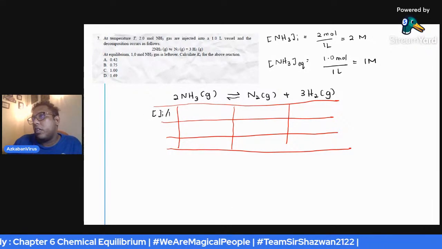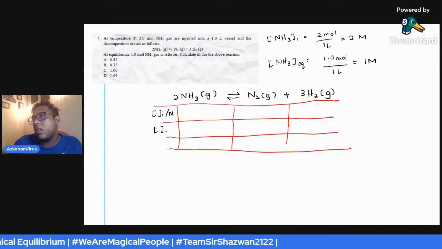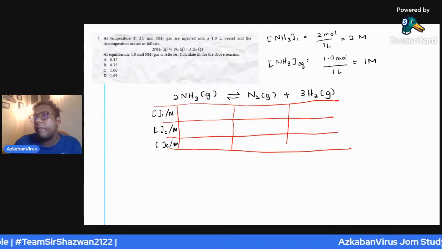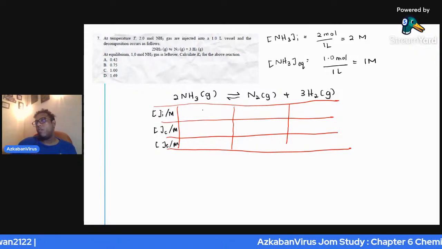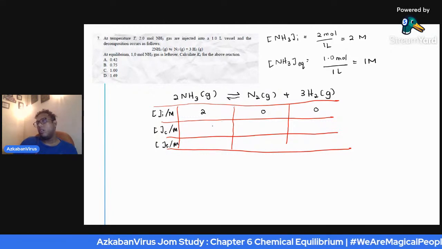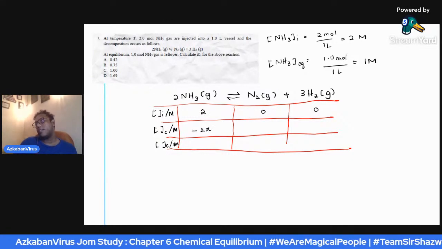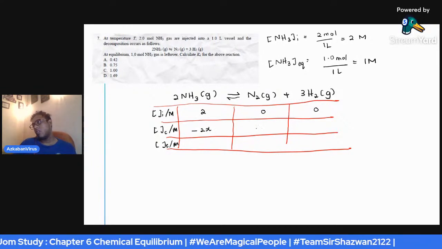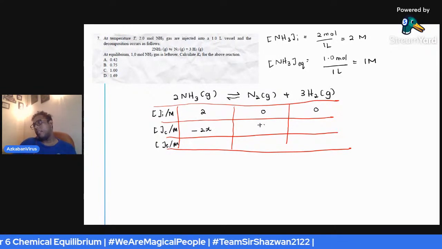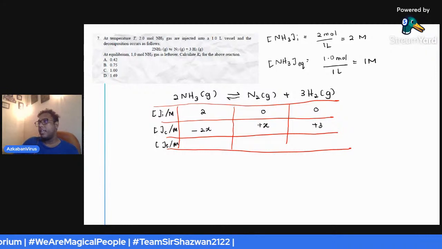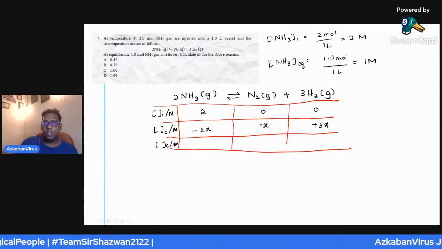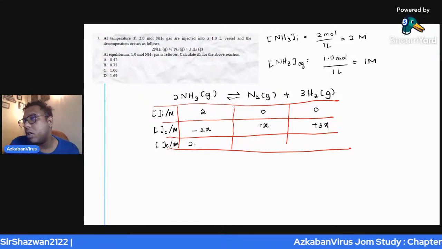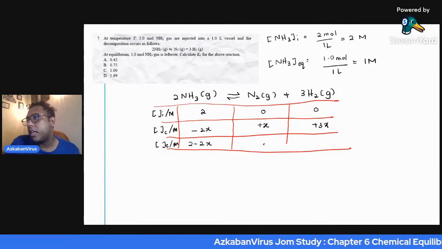Initial concentration, change, concentration at equilibrium. Okay, initial ini adalah 2 molar. Ini kosong, kosong, berkurang sebanyak 2x. Ini bertambah sebanyak x, bertambah sebanyak 3x. So, ini akan jadi 2 tolak 2x. Ini adalah x, ini adalah 3x.